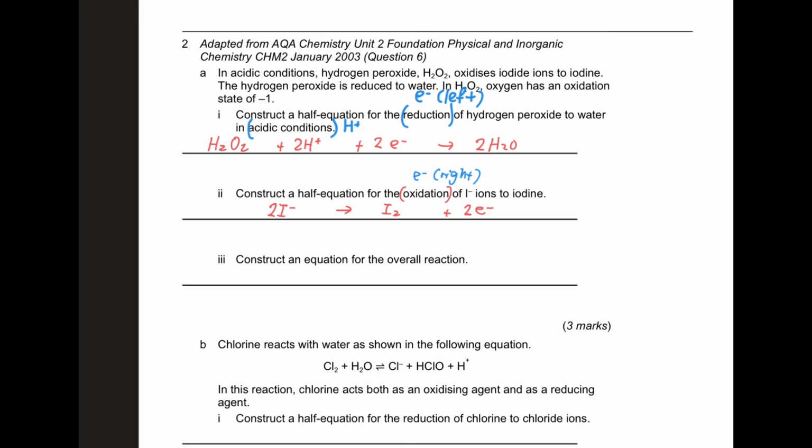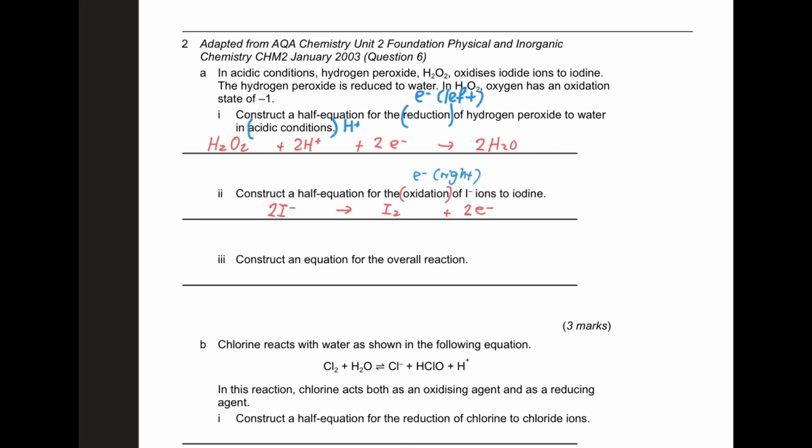If they are not the same, you have to multiply with something to make them the same. For example, if this is 3 and this is 2, you have to change them to 6 electrons. So this is 3, you times 2 to every chemical here, and this is 2, you times 3 to everything here. The electrons must be the same. If they are the same, then you can just cut the electrons away.